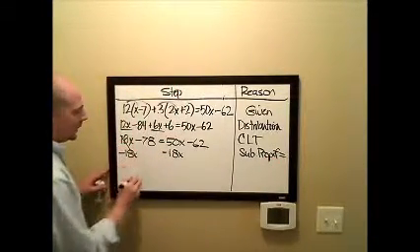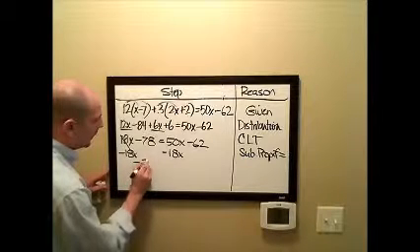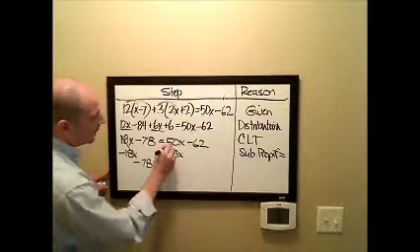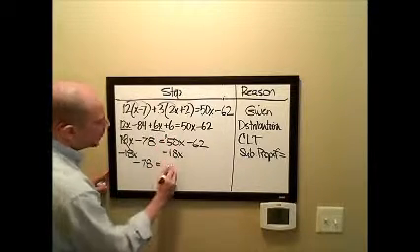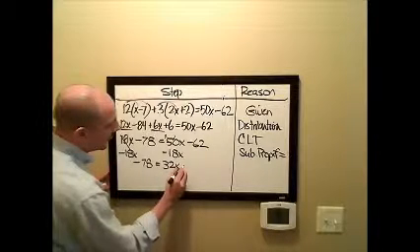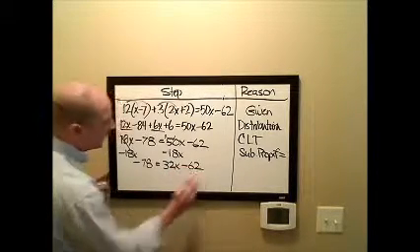Okay, these two cancel. I'm going to carry down my negative 78. And 50 minus 18 is positive 32x minus 62.